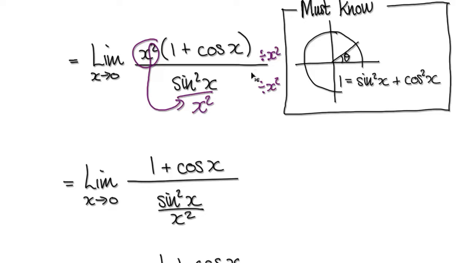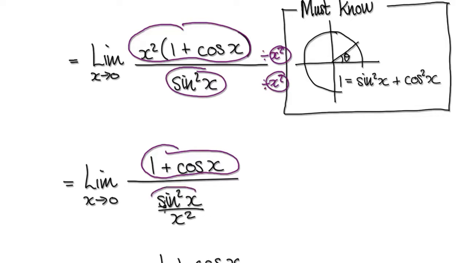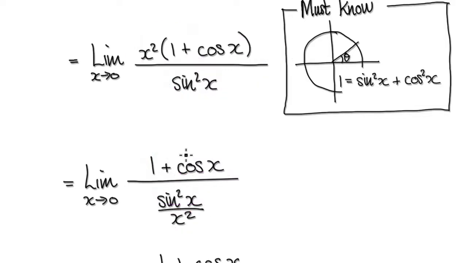Well, let's divide top and bottom by x squared. So the numerator, when you divide it by x squared, will become this. And then imagine this as being a bubble over x, a bubble over x. So imagine this as being one number and this as being another number.